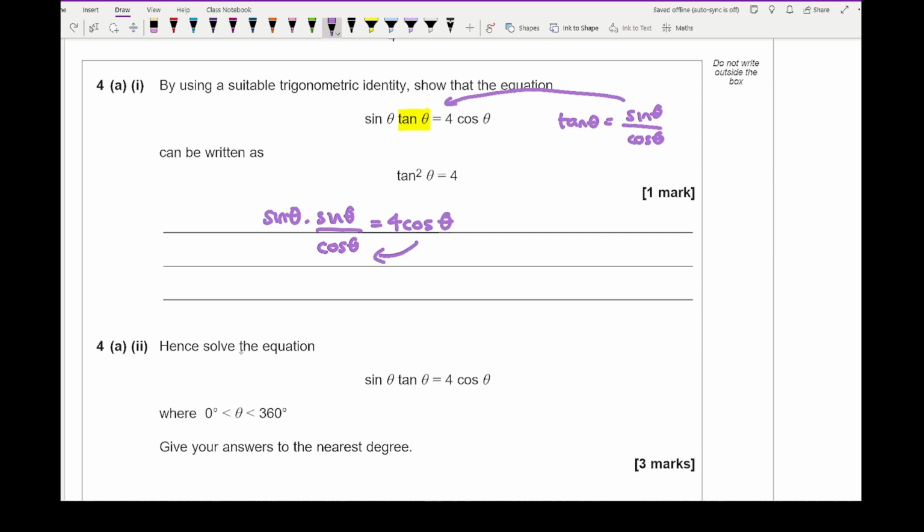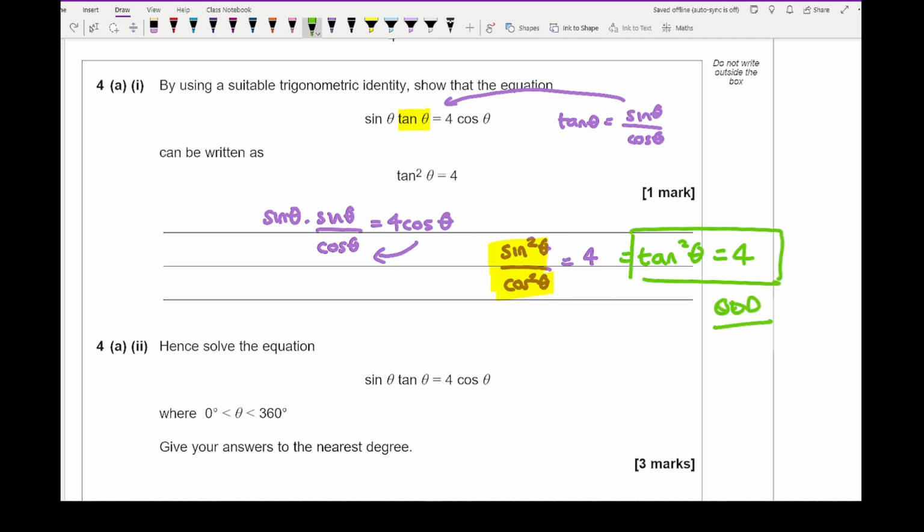I can then take the cos theta over to the left hand side, which leaves me with sine theta over cos squared theta equals 4, and then I can simplify this as tan squared theta equals 4, and that is what they wanted me to show.